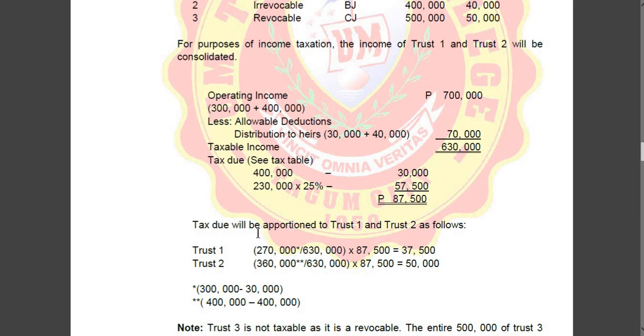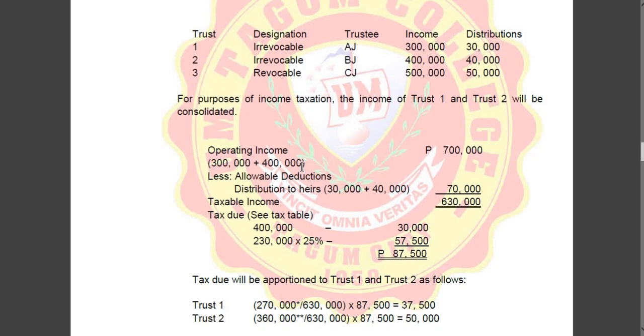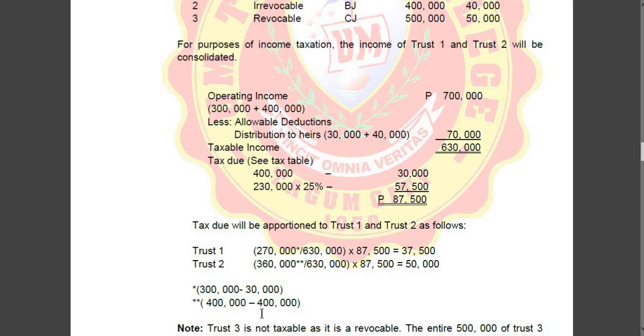Now, how did we arrive at 270,000 and 360,000? Remember that both of these are the taxable income of the trusts. The 270,000 is the taxable income of Trust 1. How do you arrive at 270,000? That's 300,000 income less the distribution of 30,000. Therefore, we get 270,000.